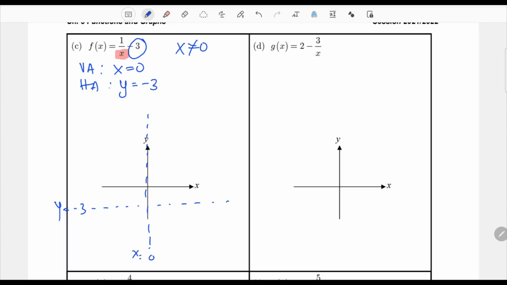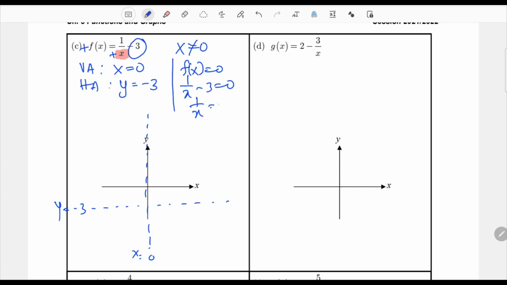Okay, you look at your x is positive, f(x) is also positive. So let's get the intercept. So can we get the intercept if x is 0? So that's not applicable. If f(x) is 0, so 1 over x minus 3 is 0.